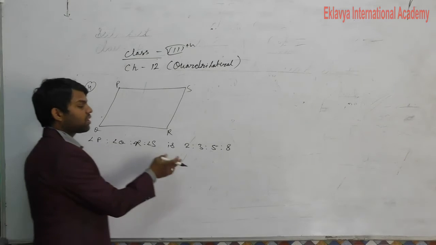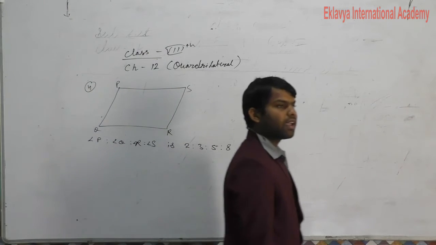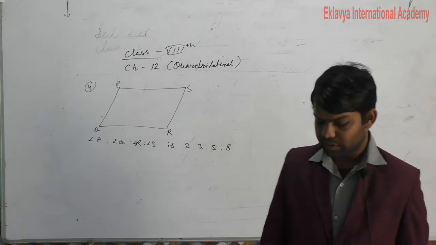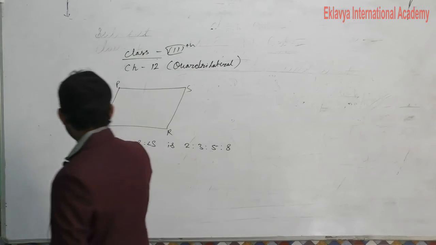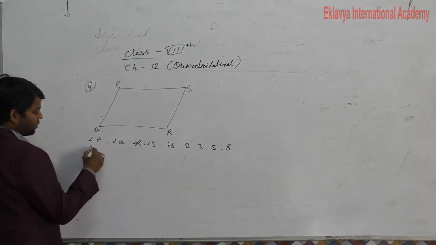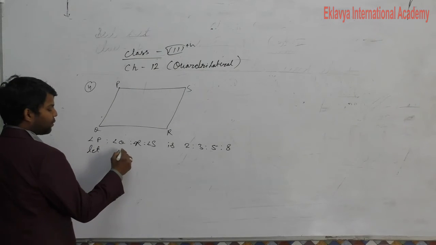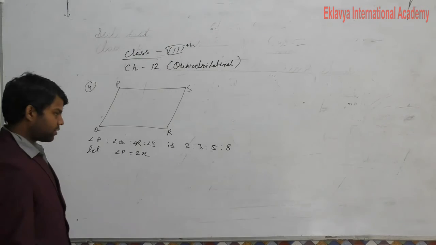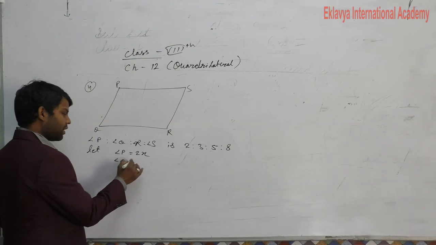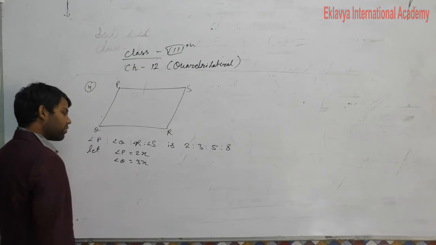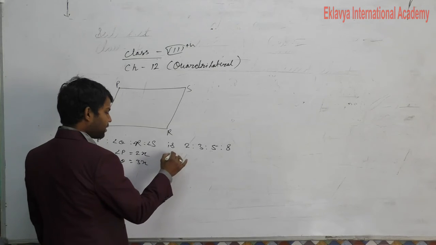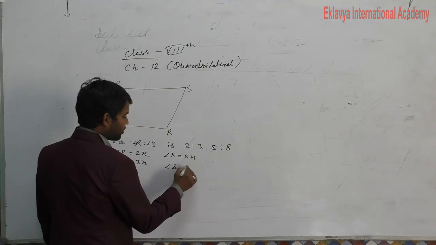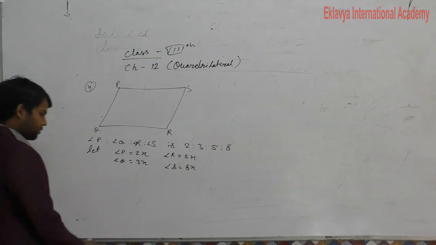If the question is given this type, if angles are in ratios, then let us assume angle P is 2 times x, angle Q is 3 times x, angle R is 5x, angle S is 8x.